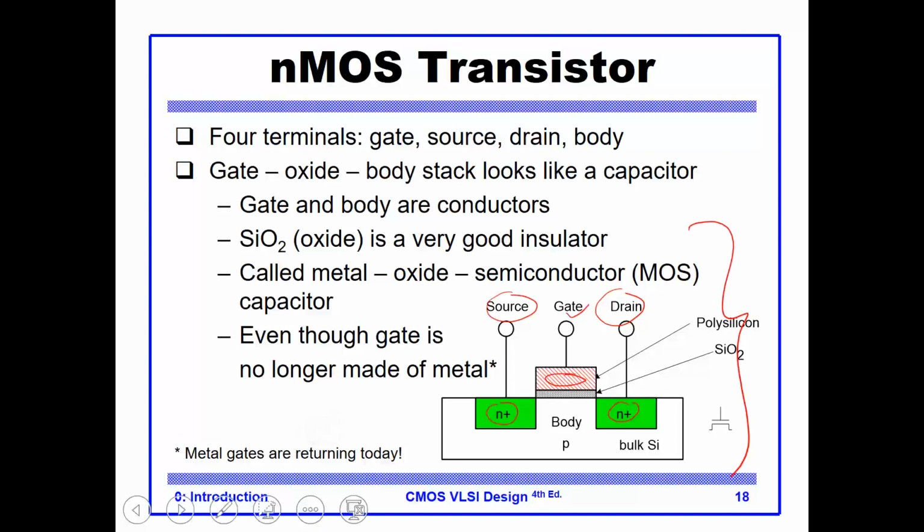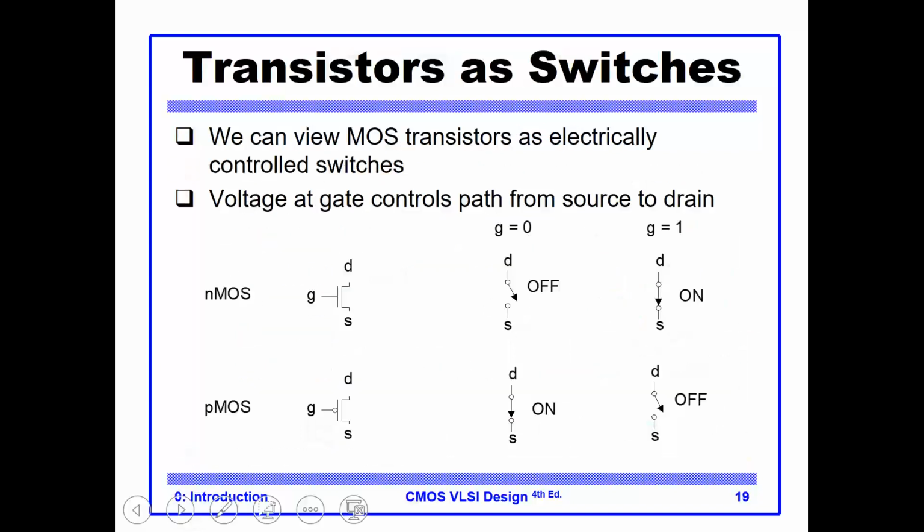Now, the purpose of the transistors, whether it's CMOS or BJT, is that they go into on and off states, which enables me to conduct or not conduct.